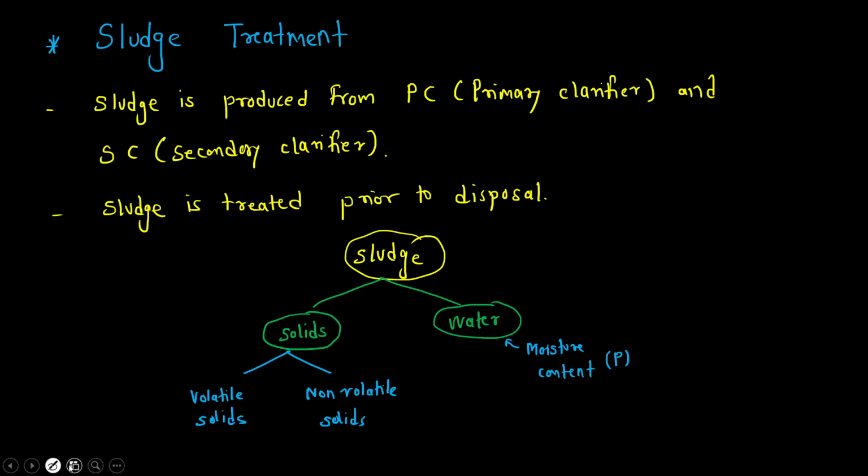I hope this much is clear. Now what is the amount of solids and what is the amount of water that is present generally in sludge? The amount of solids present is 1% to 10% in sludge, and water is about 91 to 99 percent. Okay, so most of the composition of sludge is water.